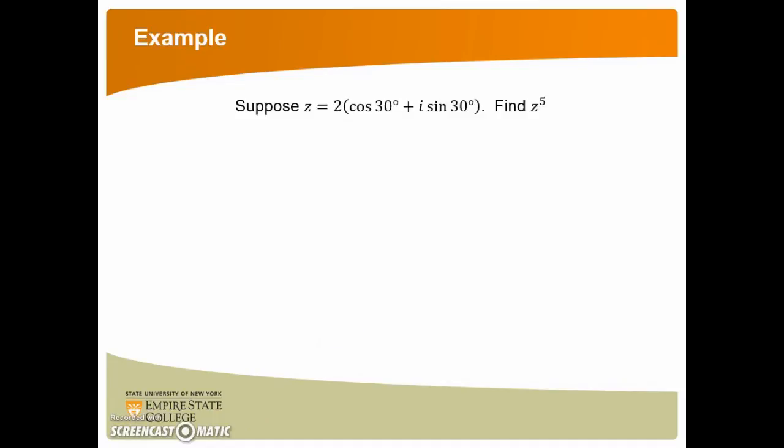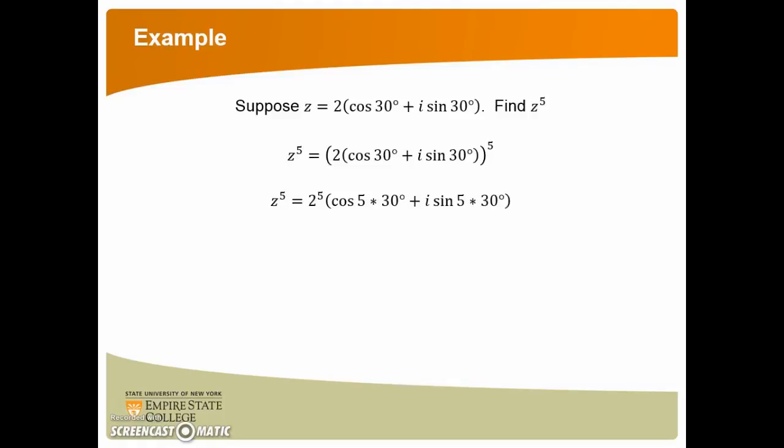Suppose our complex number z is 2 multiplied by the quantity cosine of 30 degrees plus i times the sine of 30 degrees. We want to find this number z raised to the 5th power. First, we write the entire polar form raised to the power.